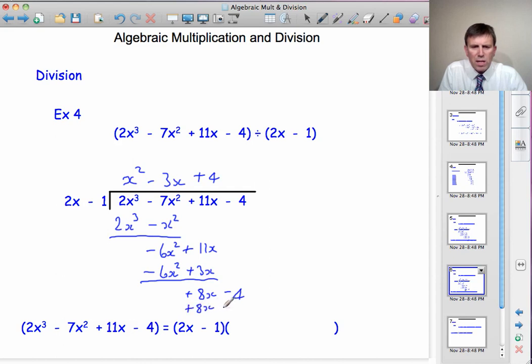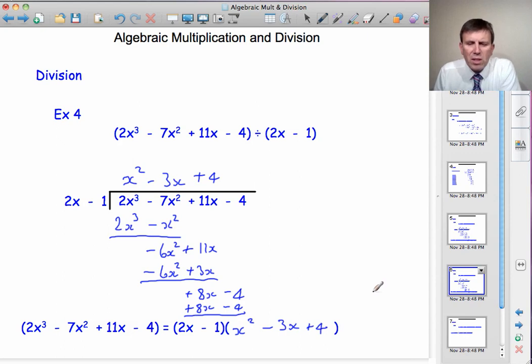And plus 4 times minus 1 is minus 4. So again we see it goes in exactly, there's no remainder. And the answer is x squared minus 3x plus 4. And that's as difficult as you're likely to get examined at A level.